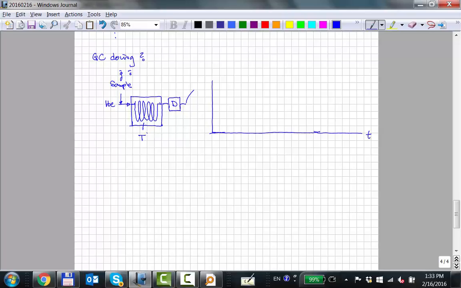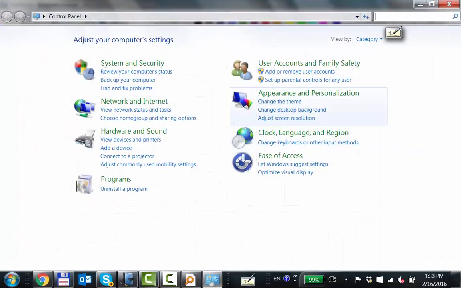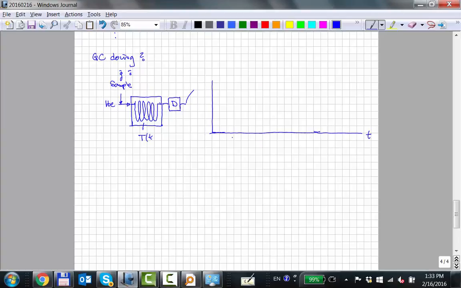Now we crank up the temperature. The temperature is just room temperature, and we start ramping it up slowly like that. We just continuously increase the temperature in our box.